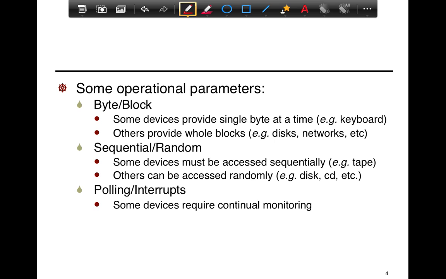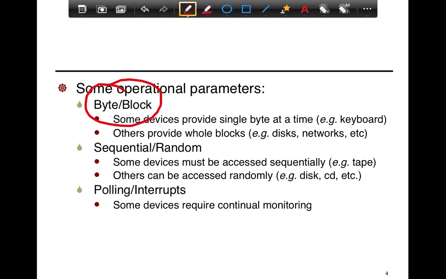The common operational parameters typically for I/O devices is that they tend to provide either a byte or block interface, where some devices like keyboards, you feed one character at a time. There are others such as disk and network, which feed multi-byte blocks at a time.